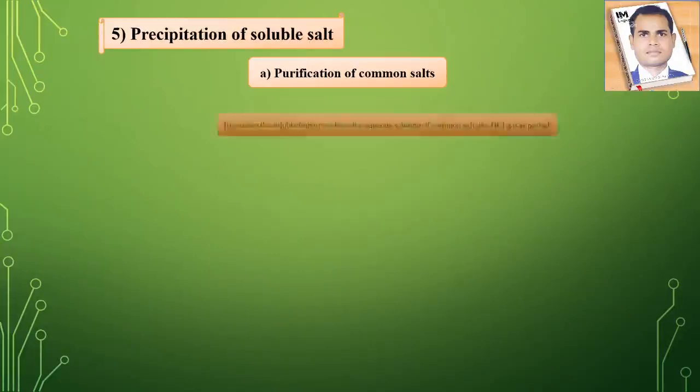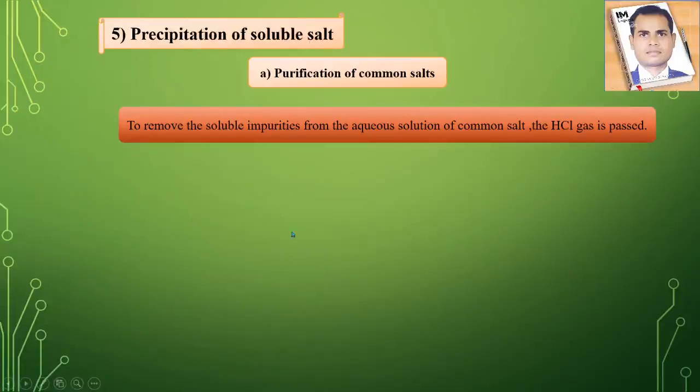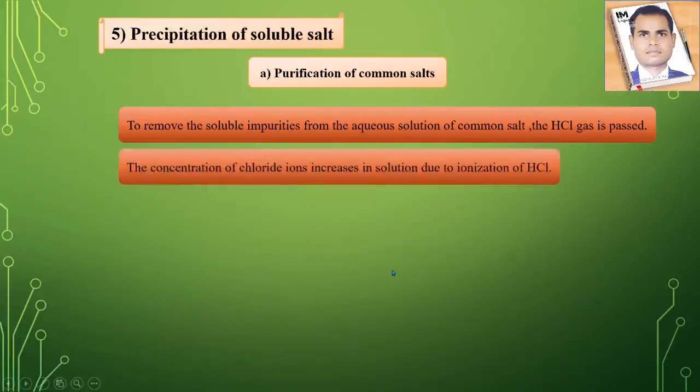To remove the soluble impurities from the aqueous solution of common salt, HCl gas is passed into the solution. The concentration of chloride ions increases in the solution due to the ionization of HCl.